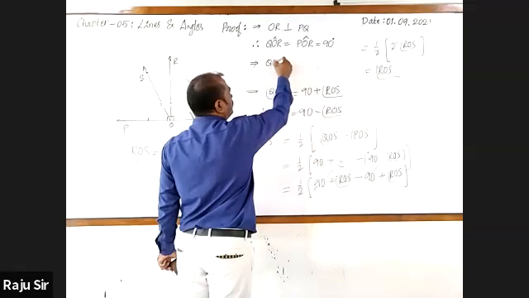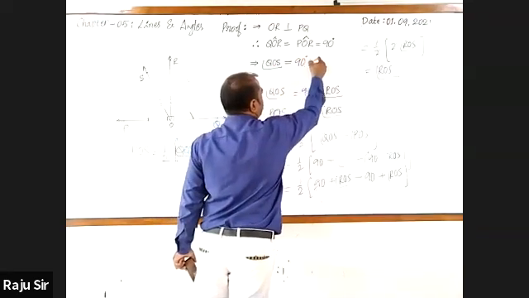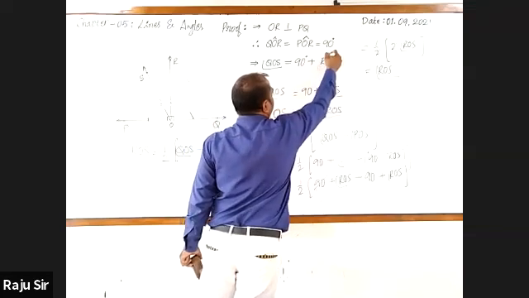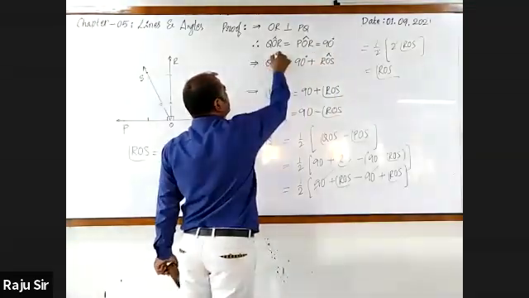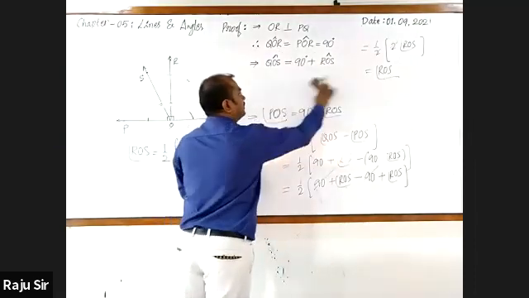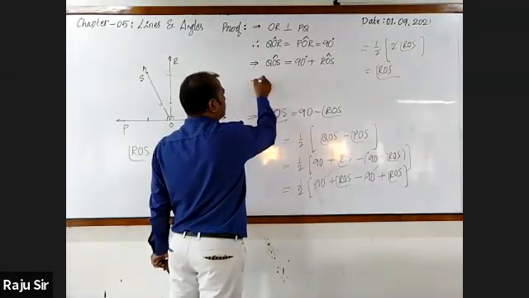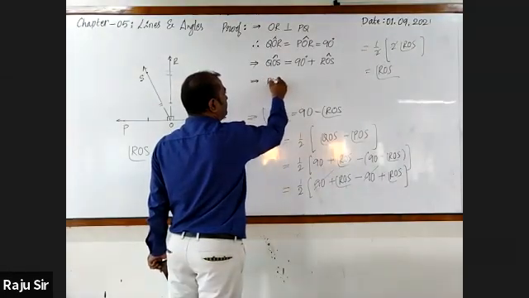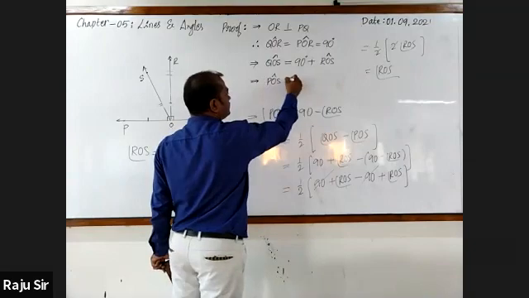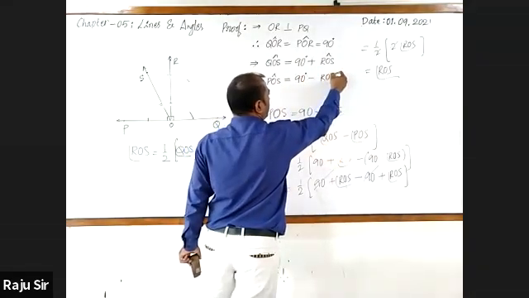Angle QOS is equal to 90 degrees plus angle ROS. Here I am using the cap. As I said, angle can also be represented with a cap. Then angle POS is equal to 90 degrees minus ROS.